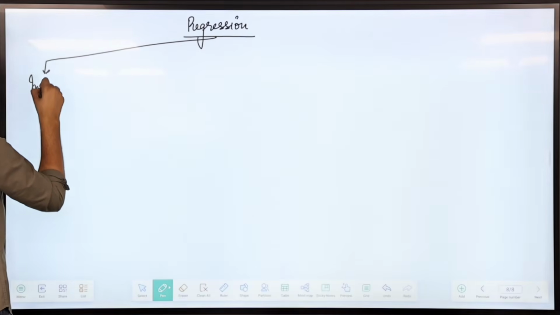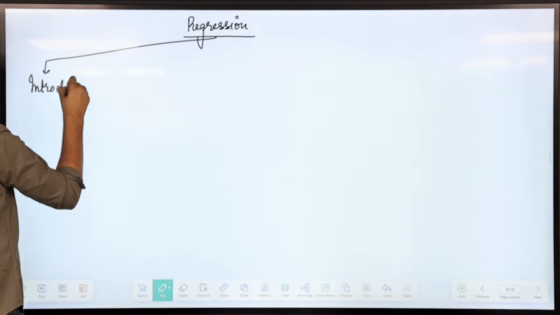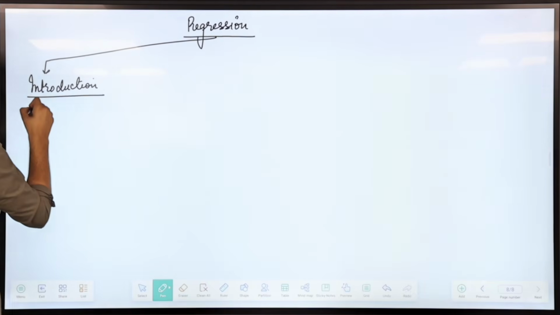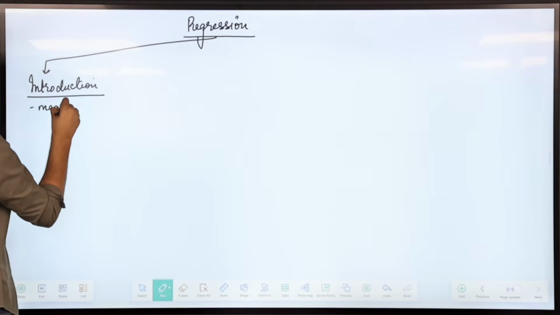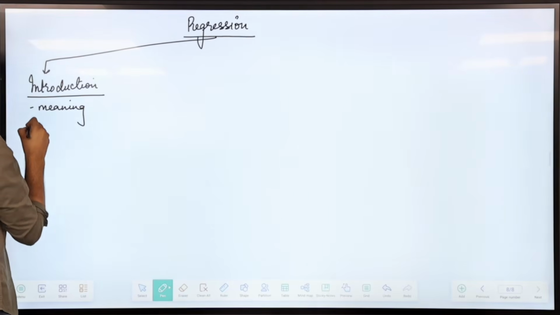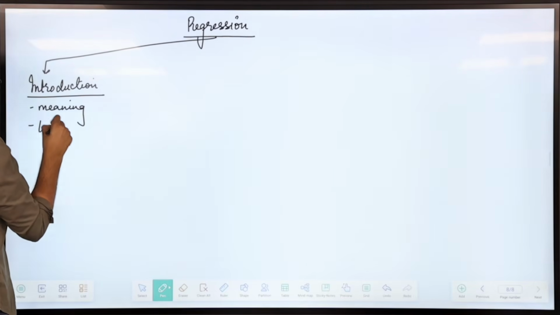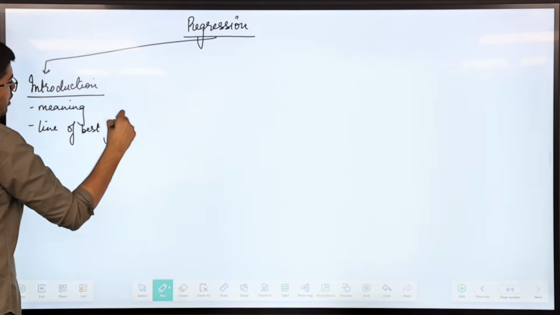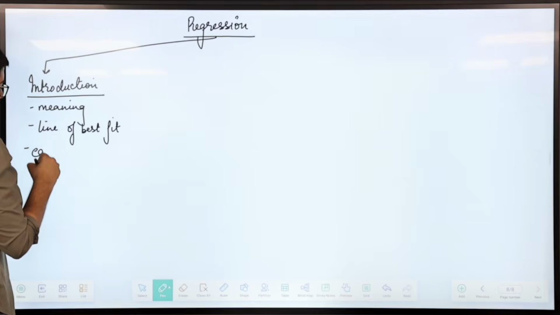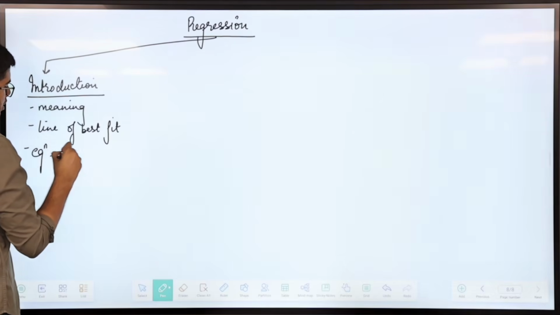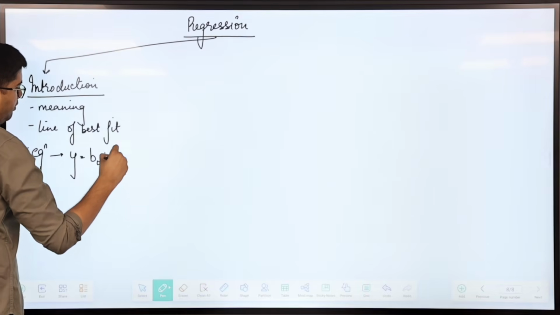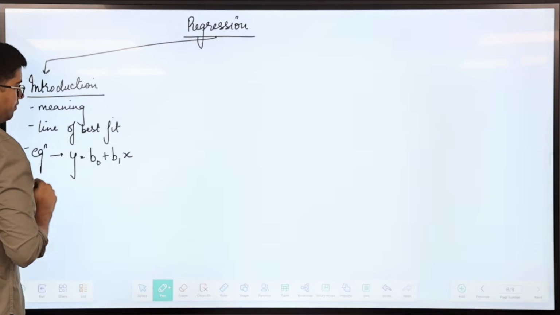First is your basic introduction, where we look at the meaning of regression. We understand the concept line of best fit, and we look at the equation. y is equal to b0 plus b1 x.